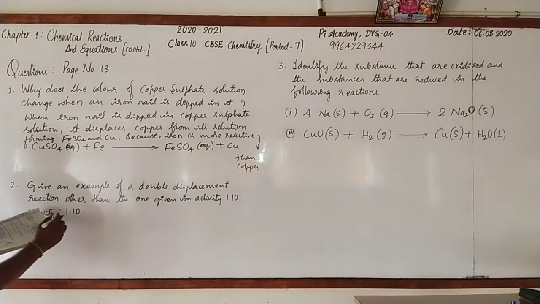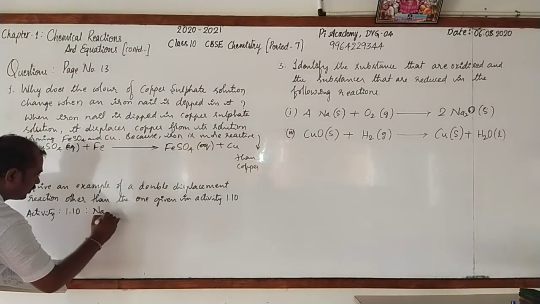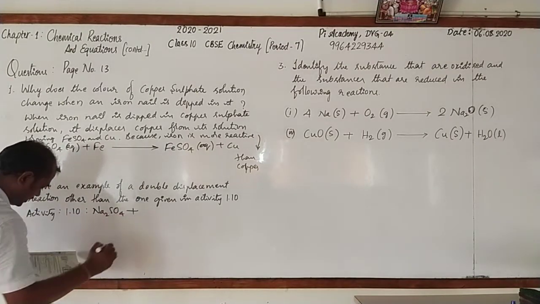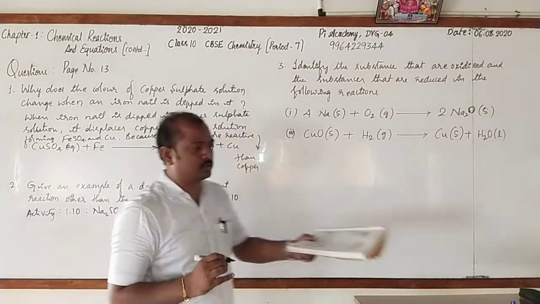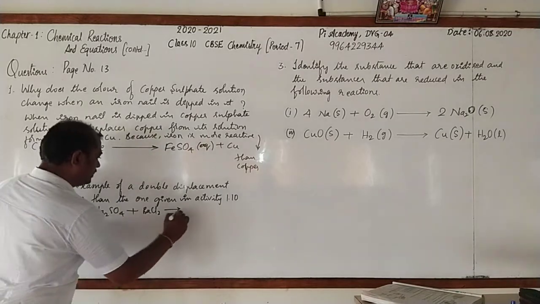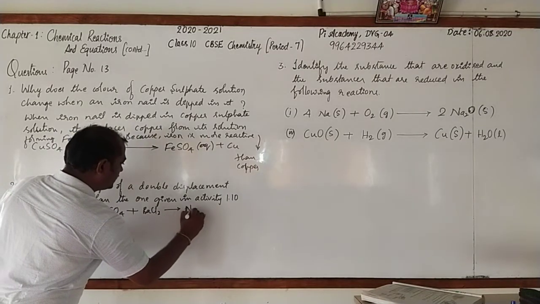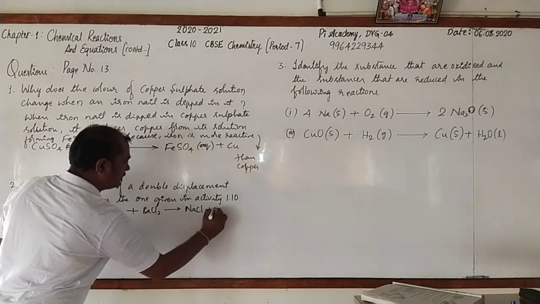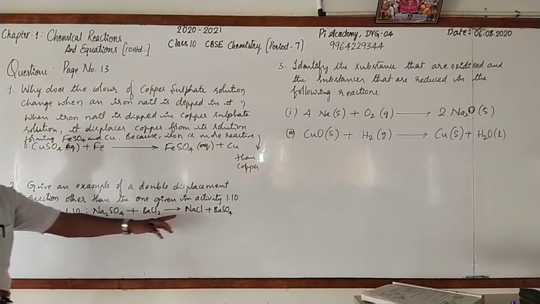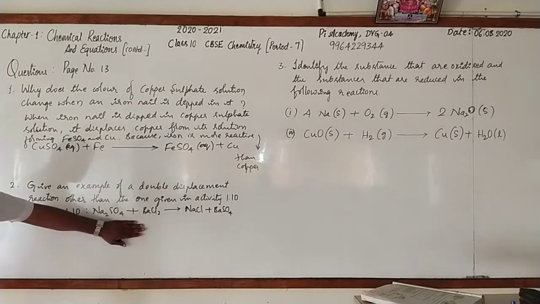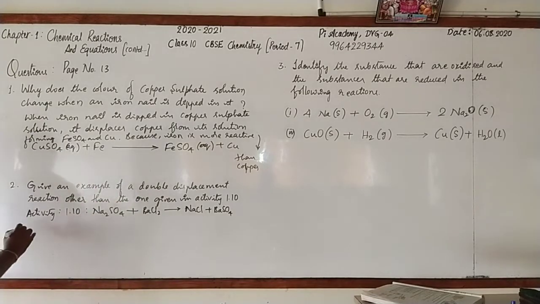It is Na2SO4, sodium sulfate, plus barium chloride BaCl2, gives rise to what? It is NaCl plus BaSO4, where BaSO4 is the precipitate. Okay, other than this we have to give another example.